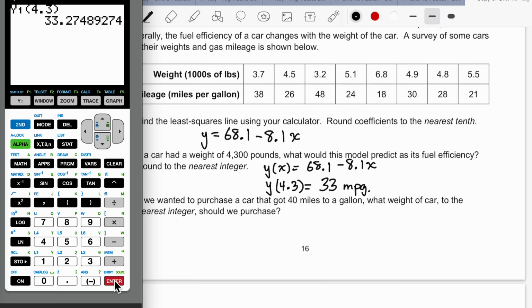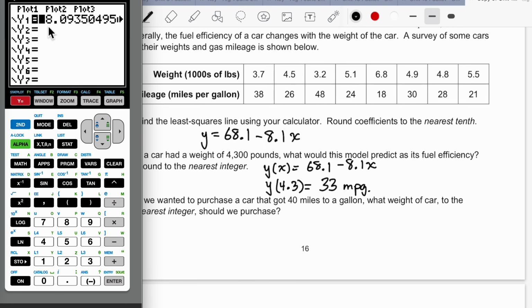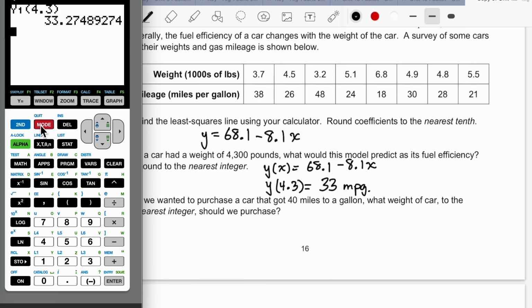All right, but that only works because we stored the regression equation into y1. In fact, if you hit y equals, under y1, you see the unrounded form of the regression equation. All right, it's all there in its full glory. That's the only way you get an accurate answer when you do the home screen alpha trace y1 bit.